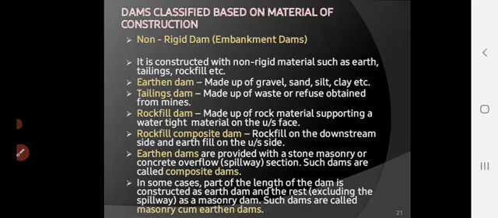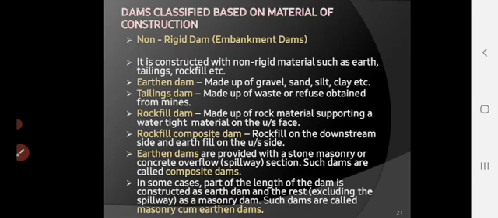One type of non-rigid dam is the earthen dam. It is made up of gravel, sand, or a combination of these materials. Tailing dams are made up of waste or refuse obtained from mines. Rock fill is made up of rock and watertight material. Rock fill composite is made up of earth plus rock.